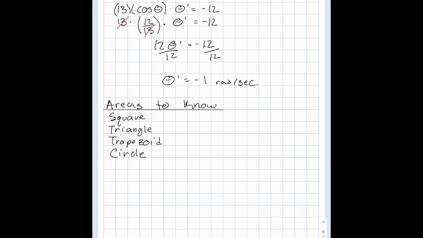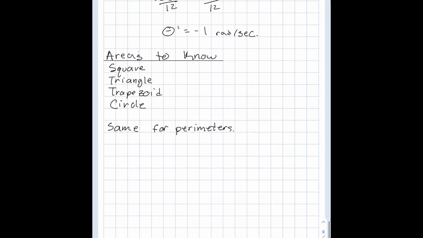And then same for perimeters. And then surface areas. So the surface areas for a 3D object. And if you know the surface area, I also want you to know volume.